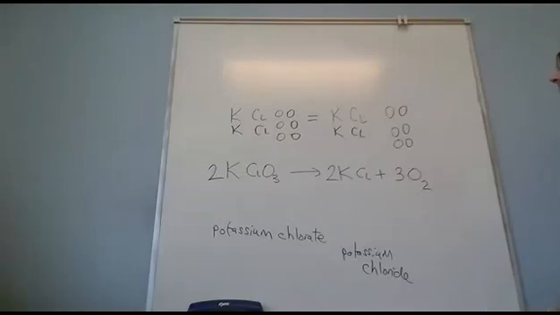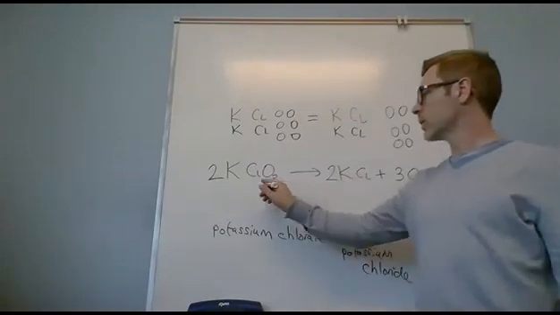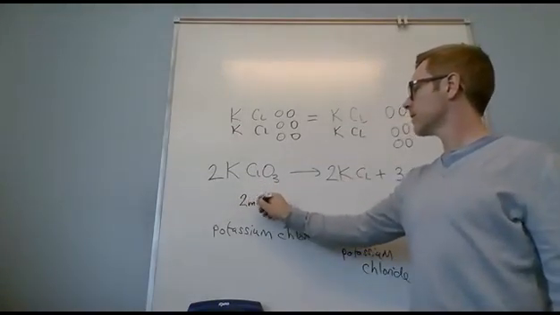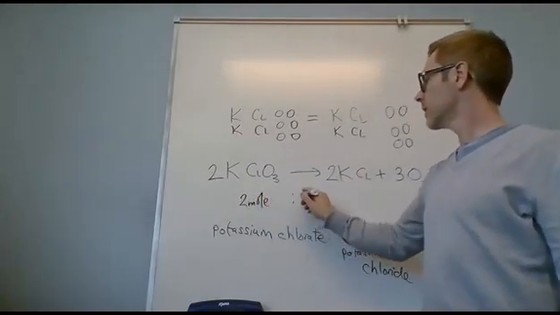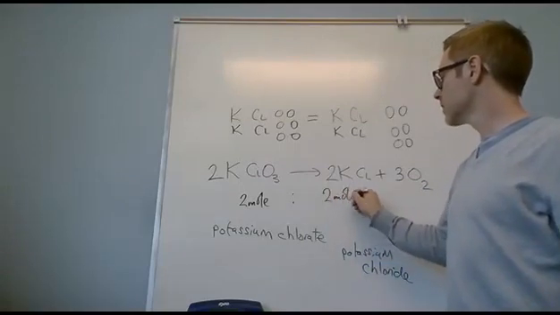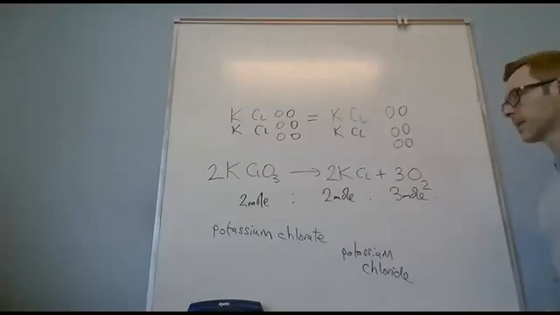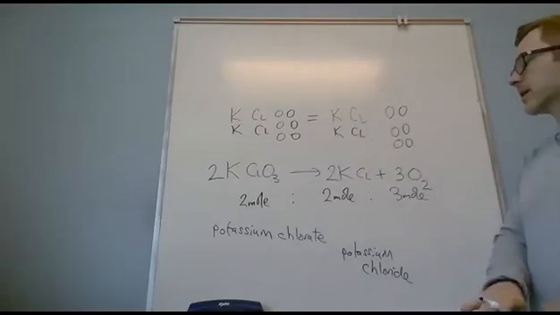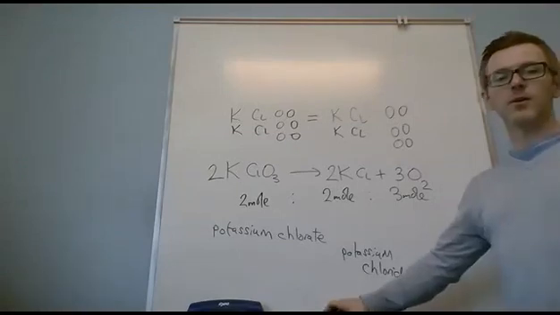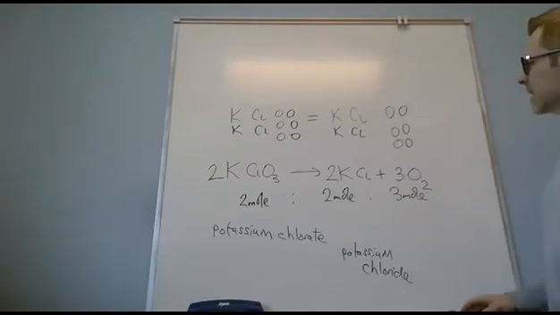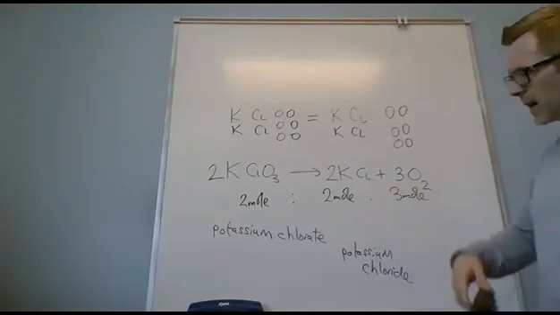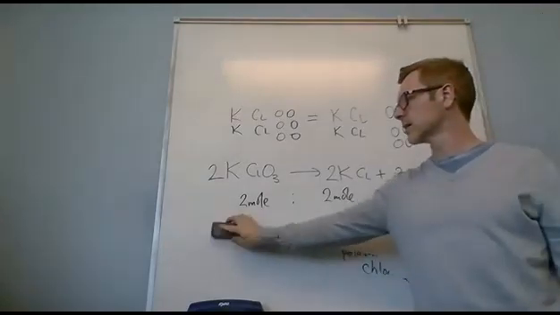Okay. So we would use 2 moles, 2 moles, 3 moles. This is the way you should do it. Now, let's say you didn't do it that way. Let's say you just had what I previously had and I told you it was ugly.